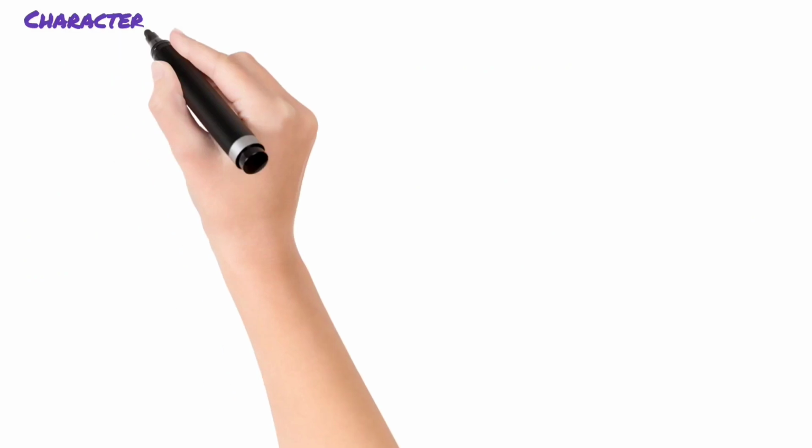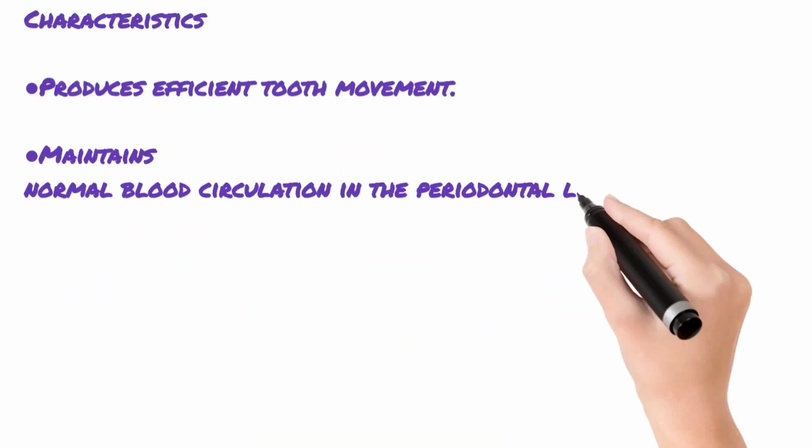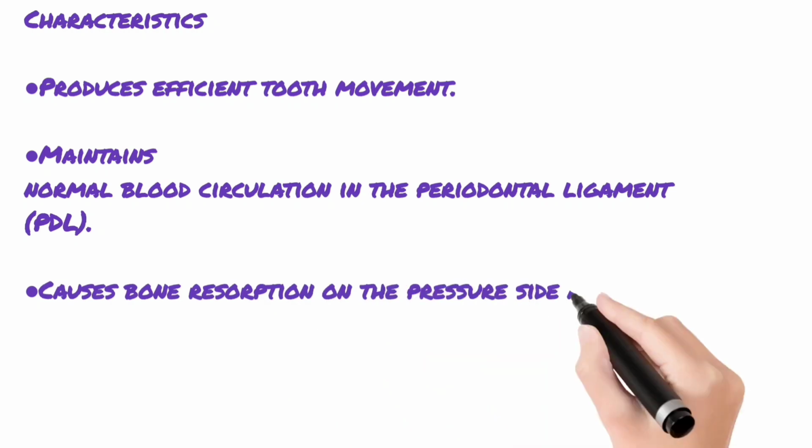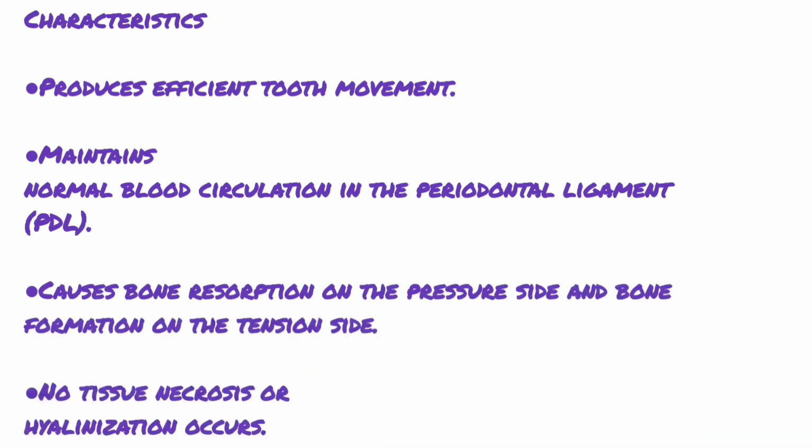Characteristics: produces efficient tooth movement, maintains normal blood circulation in the periodontal ligament, causes bone resorption on the pressure side and bone formation on the tension side. No tissue necrosis or hyalinization occurs.